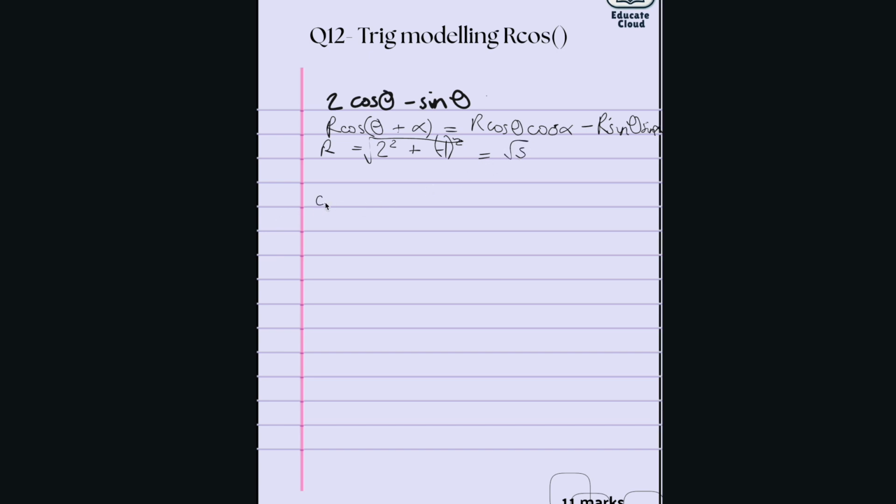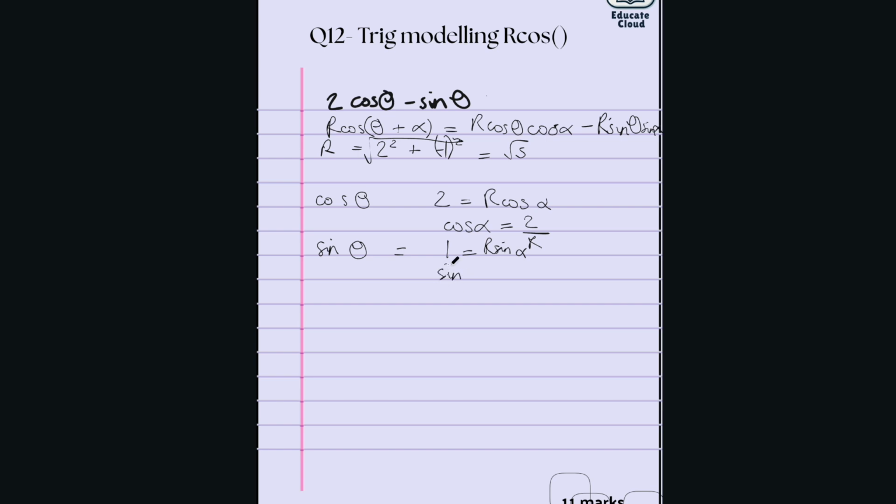And then for cos theta, we know that the 2 is equal to r cos alpha. So cos alpha is 2 over r. And for sine theta, that 1 is equal to r sine alpha.